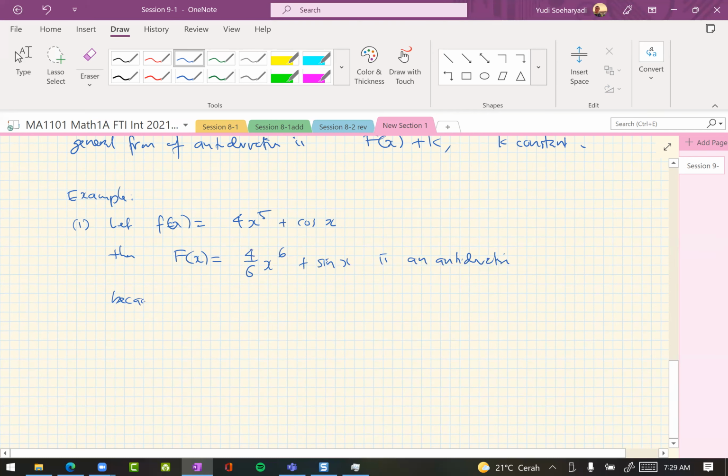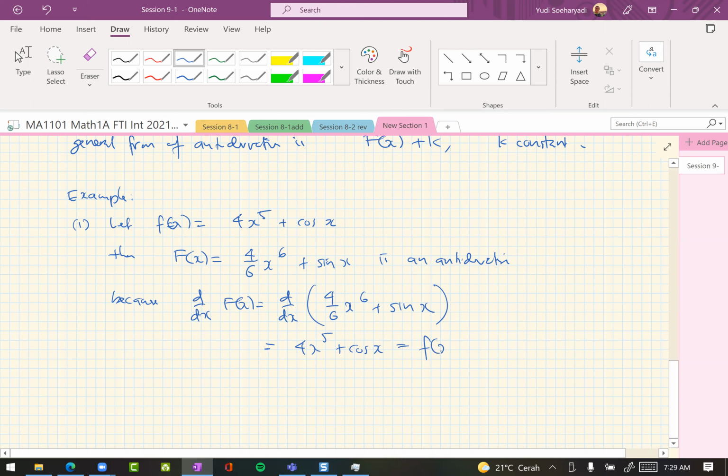Because if you take the derivative, d/dx of this number, this gives you, multiplying by 6, 4x sine cosine.